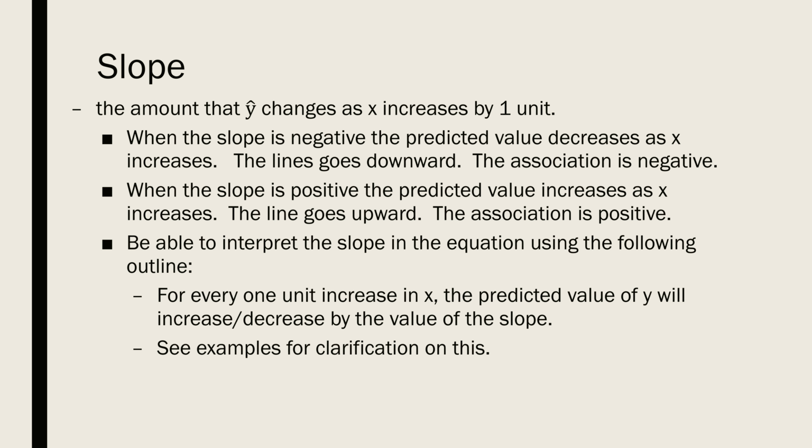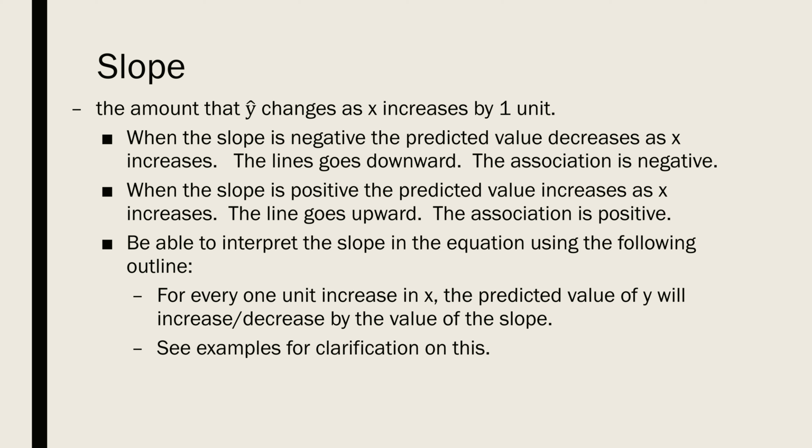Slope is the amount y hat changes as x increases by 1 unit. When the slope is negative, the predicted value decreases as x increases. The line goes downwards. The association is negative. When the slope is positive, the predicted value increases as x increases.